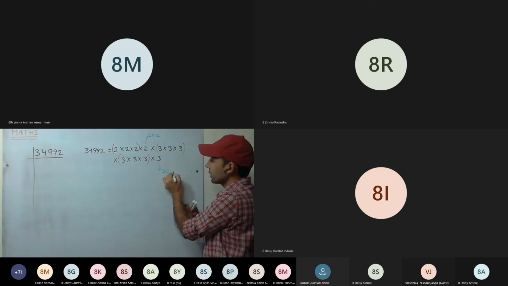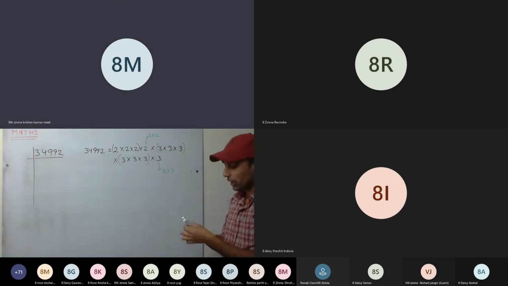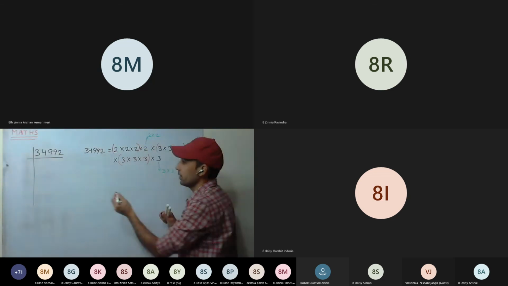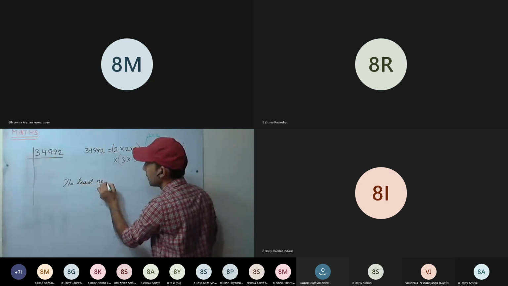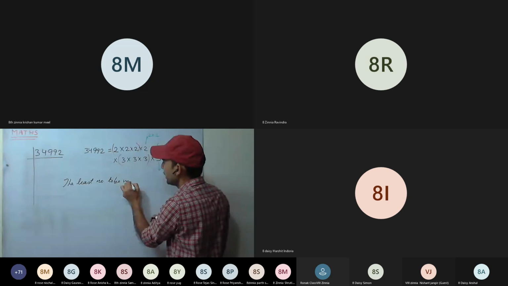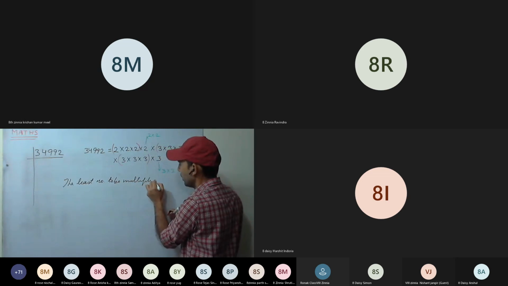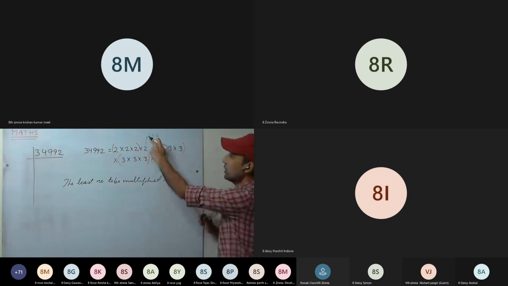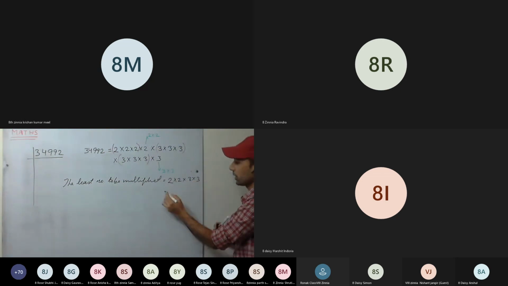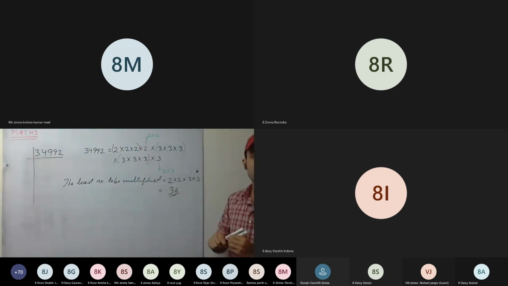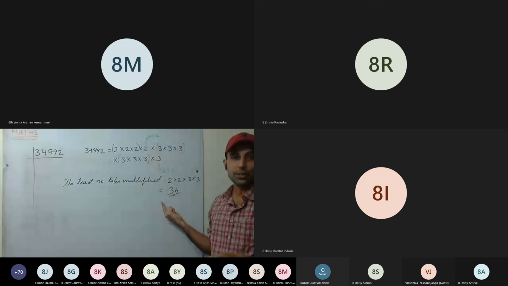Must be multiplied with 3 into 3. So the least number to be multiplied is equal to 2 into 2 into 3 into 3. So it is how much? 36. Anyone have doubt here?